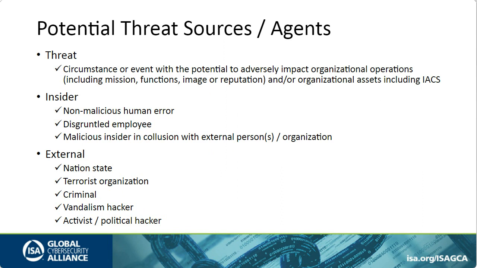Just wanted to spend a little bit of time on what some of the potential threat sources or agents might be. A threat is any circumstance or event with the potential to adversely impact organizational operations, and this can include mission, functions, image, reputation, and or your organizational assets, including your industrial automated control system.